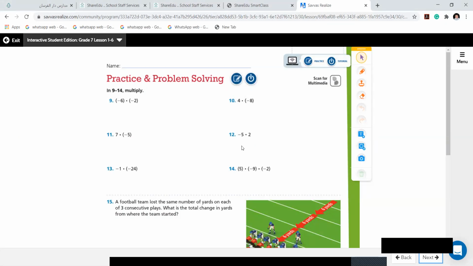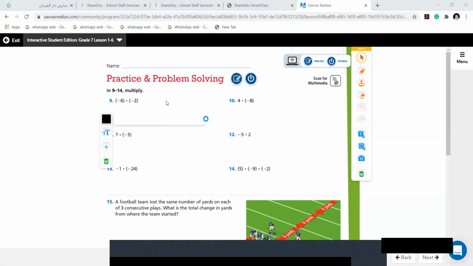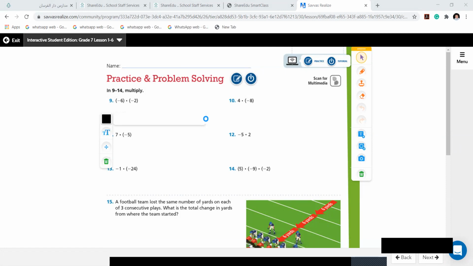6 times 2, what is it? She wrote here for me. It's 12. What will the sign be here? Positive 12 or negative 12?